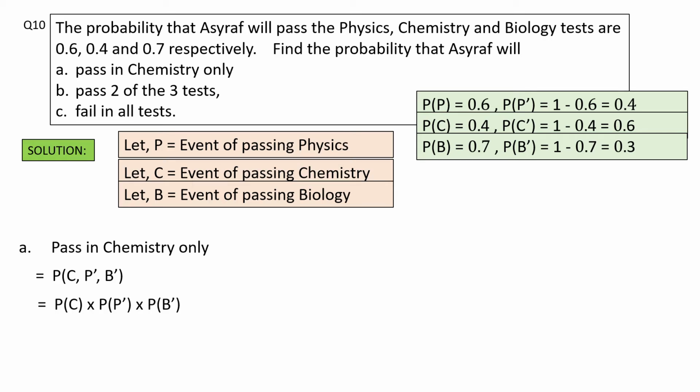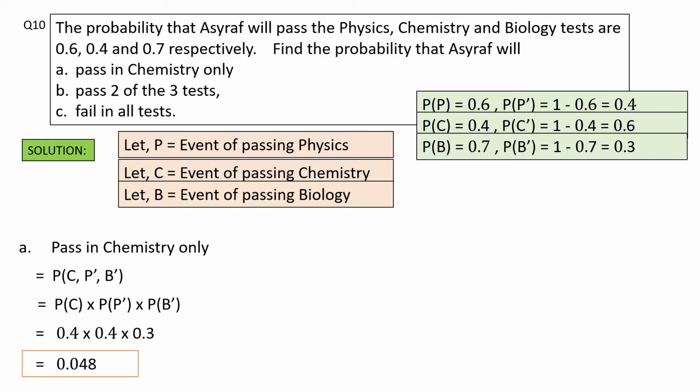So you can break this as probability C times probability P prime times probability B prime. Referring to the table, you can substitute all the values and find the answer.